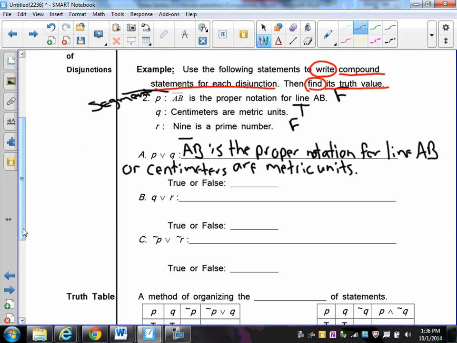So using our knowledge from before, we know that P is false, and then we have or centimeters are metric units. We know that's true. So whenever we have false or true, at least one of them is true, so the whole thing is true.